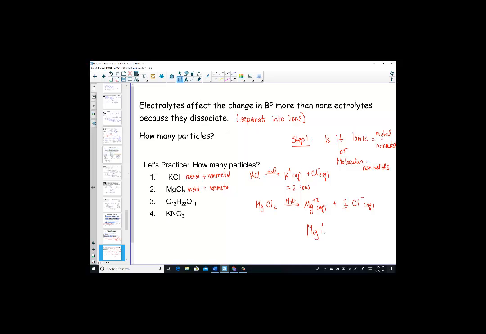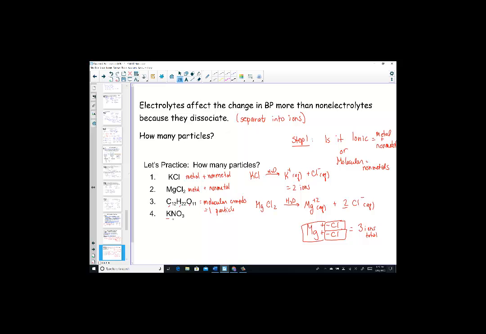If magnesium is a +2 and chloride is a -1, we need 2 chlorides to electrically balance the magnesium. How many total ions are there? Well, there's 3. 1 magnesium and 2 chlorides for a total of 3 ions. Number 3, carbon, hydrogen, oxygen. This is a molecular compound. And molecular compounds do not dissociate. So we have just one particle. The molecule itself retains its identity.